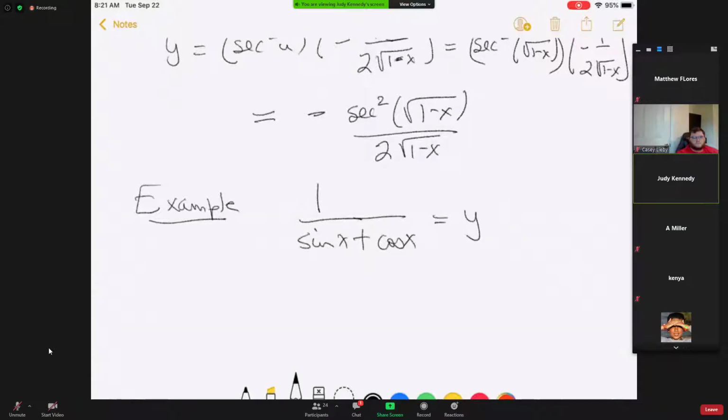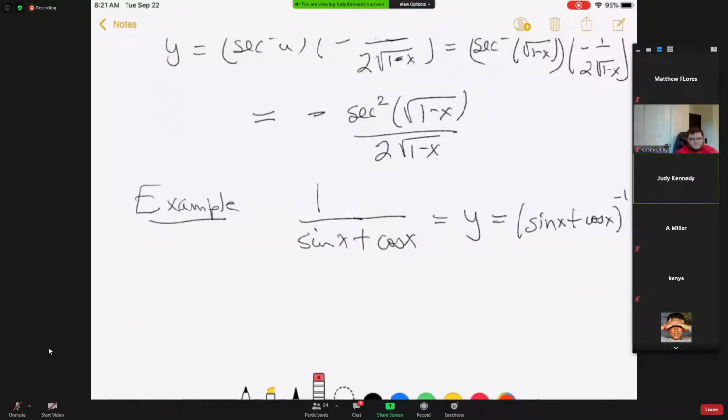Now you can do that in two ways. You can think of it as a quotient, which is how I've got it written, or you can think of it as sine of x plus the cosine of x all raised to the minus 1.